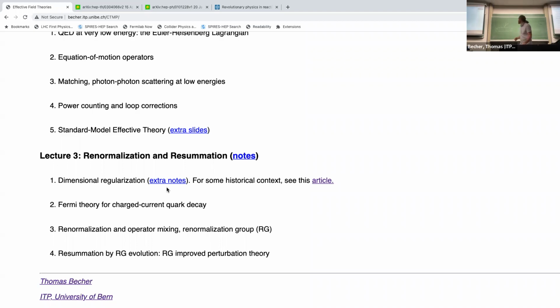So now back to physics. As I said, I want to discuss this renormalization and resummation in the context of Fermi theory, or weak effective theory if you want.